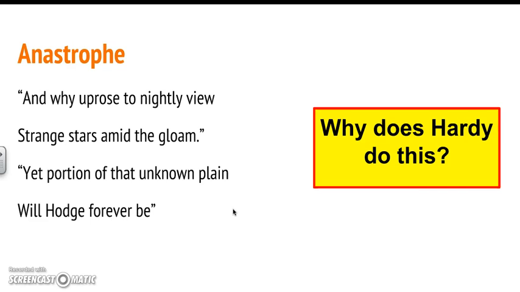In this case, it might be to set apart significant ideas in the sentence. In this case, it is strange stars. He wants strange stars to be the beginning of a line so that we focus on the words strange stars.